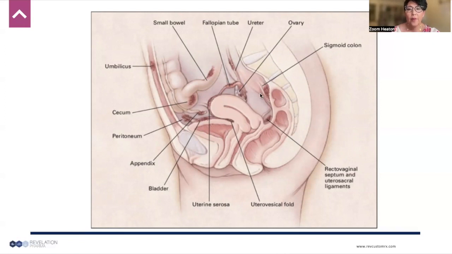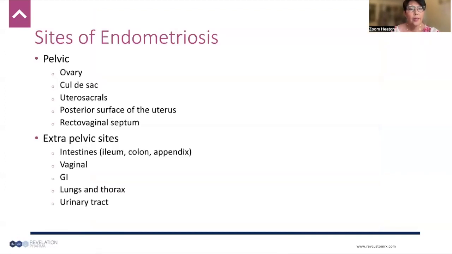So it can affect a lot of other areas surrounding the reproductive organs. The pelvic sites include the ovary, the cul-de-sac, uterosacrals, posterior surface of the uterus, and the rectovaginal septum, and then the extrapelvic sites involve the intestines, vaginal, the GI tract, the lungs, and the urinary tract.